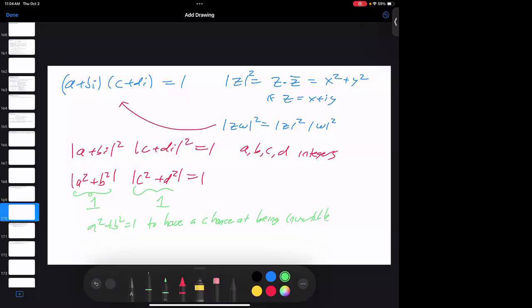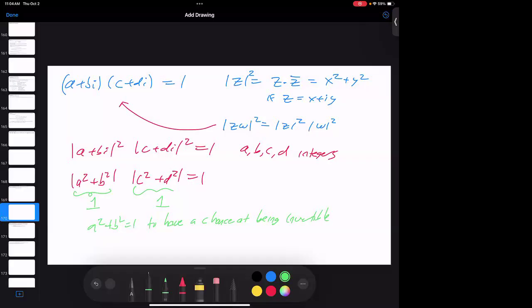And a and b have to be integers. So what are the only possibilities for a and b if I want a squared plus b squared equals 1? What are my only chances? Could one of a or b equal 2? Negative 2? No. So the most any of these can be is 1.